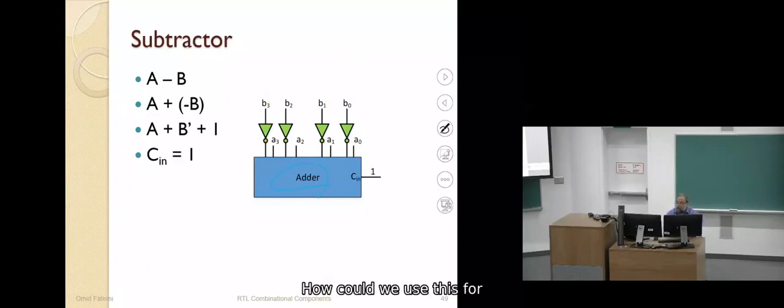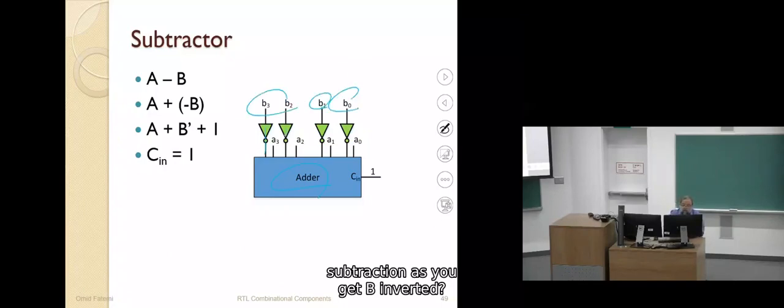How could we use this for subtraction? Easy. You get b inverted and also plus 1. So we put 1 for carry in. Before we put 0 for carry in. And now we have add. Look at this circuit. This is a minus b.